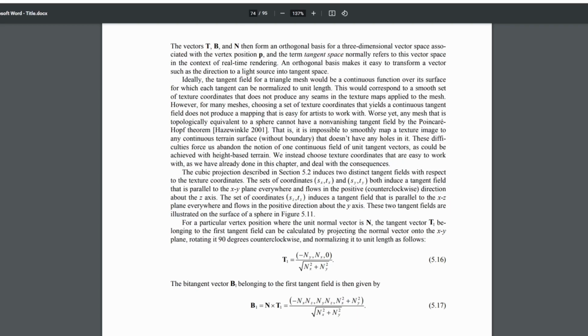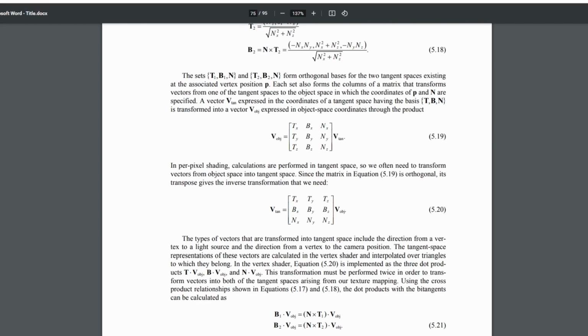This will produce a tangent vector that, when crossed by the normal vector, will produce a bitangent vector. It is these three vectors that form the basis of the TBN matrix, or the tangent-bitangent-normal matrix. The TBN matrix itself is designed to move vectors from tangent space into object space, as illustrated here.